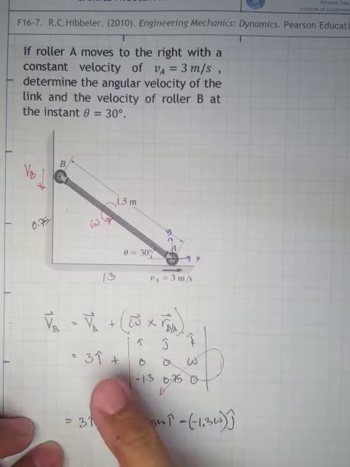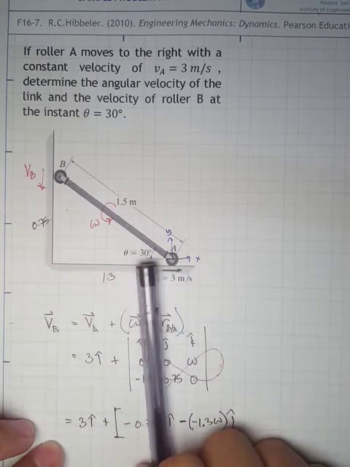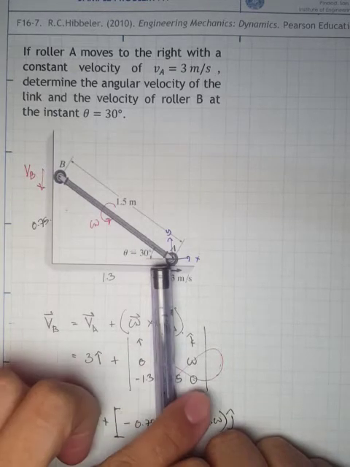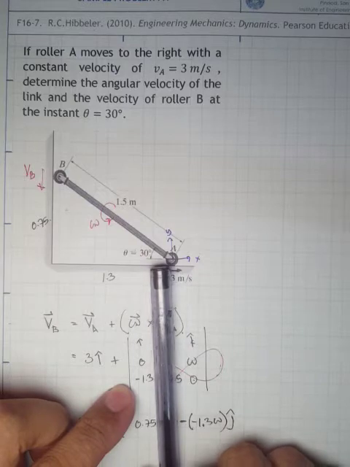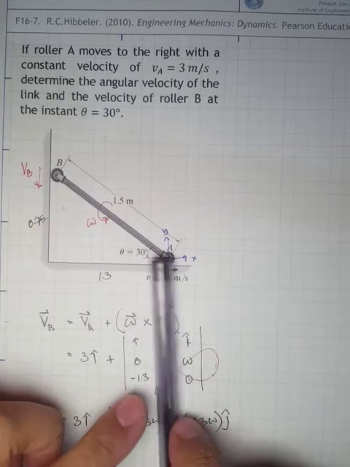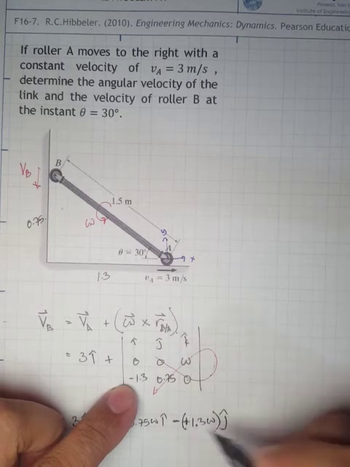All right, that's okay. Let me check. So 0 times 0 minus, oh sorry, if it's minus negative, then this one should be positive.